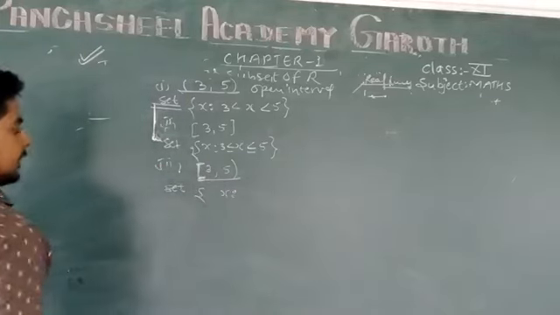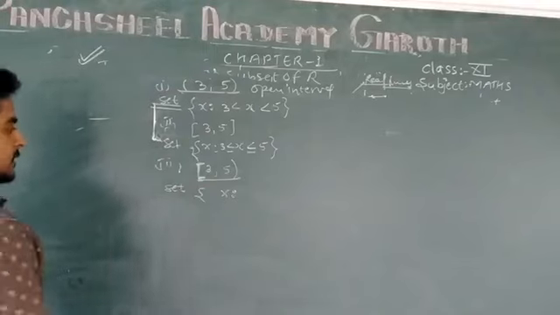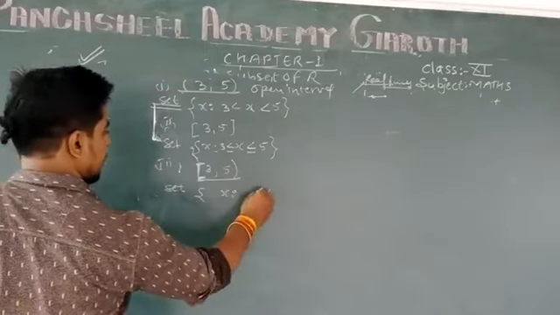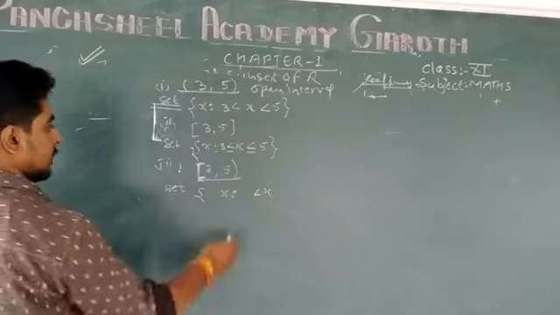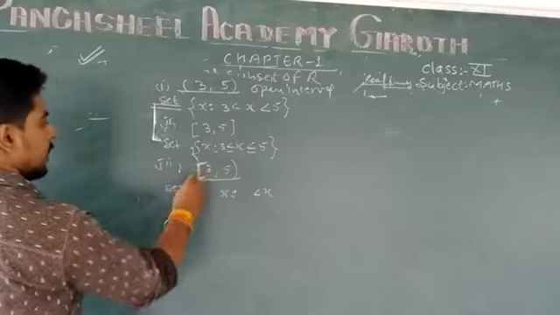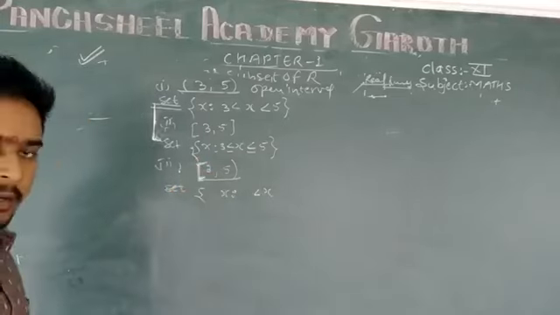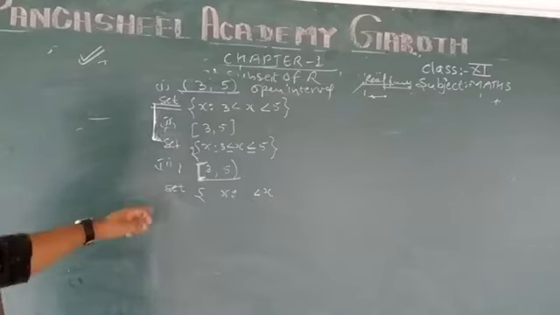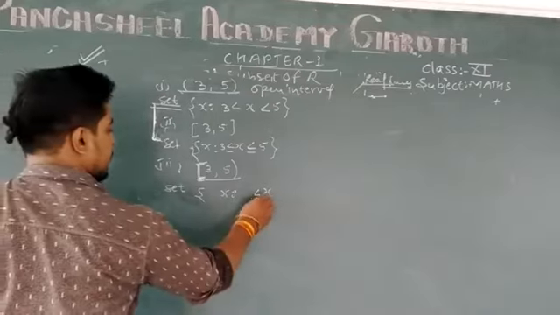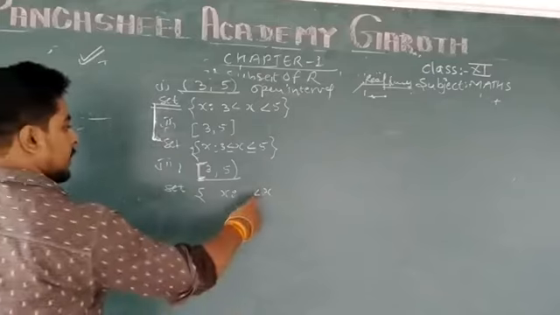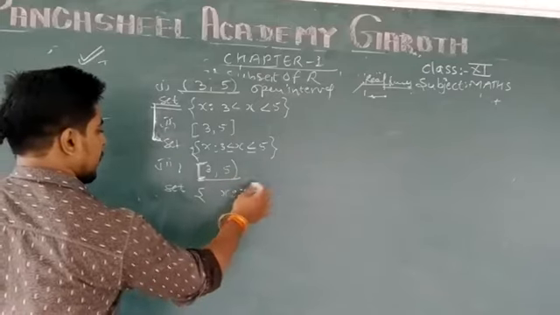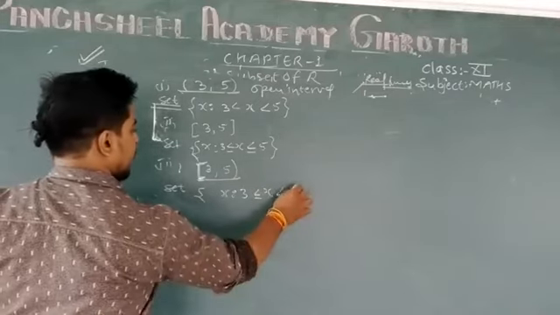Therefore we can write, according to the interval, x such that x is greater than or equal to 3 but less than 5, because for values with a square bracket in front of them, we have to place the equal to sign also.